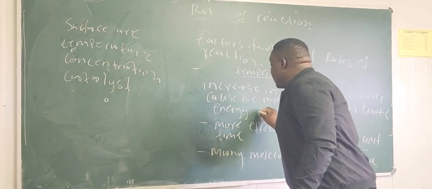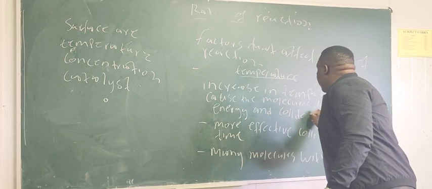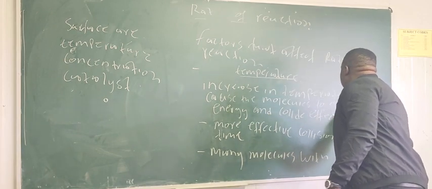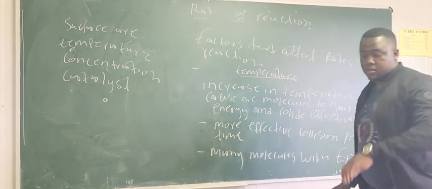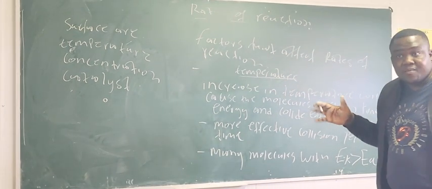So they gain kinetic energy, then they collide effectively. It means when you increase temperature, molecules will do what? They will gain kinetic energy. They will start to move like this.